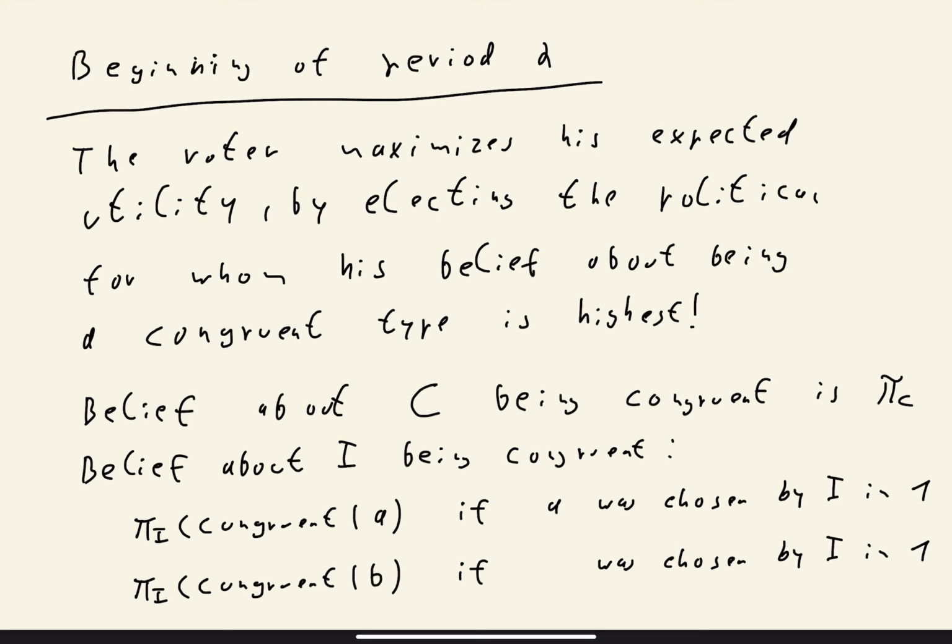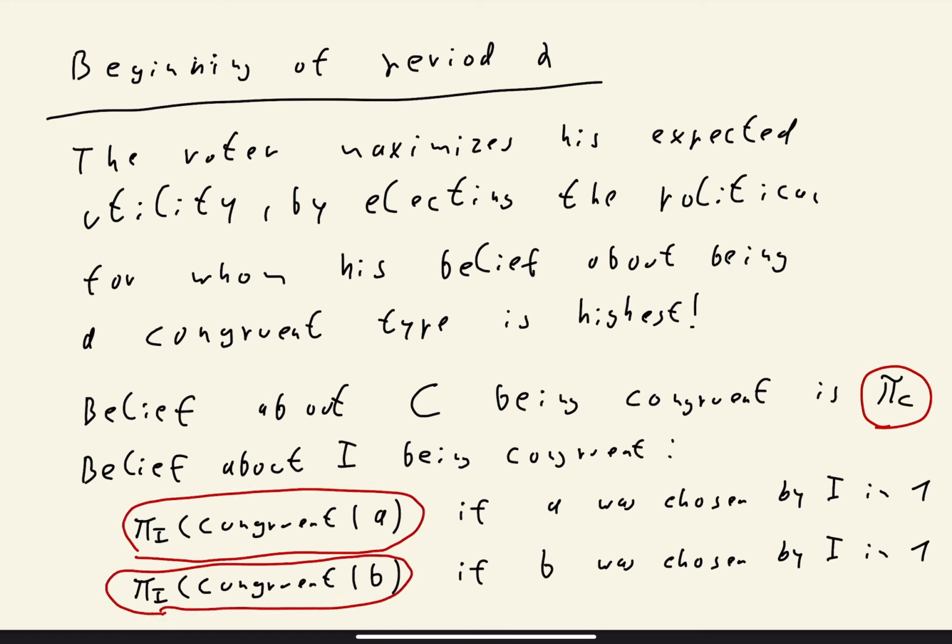And then the belief that he's of a dissonant type is always 1 minus the according probability, depending on the action which was chosen in period 1. So basically this gives us all the beliefs that we need in order to determine the behavior of the voter. We have the belief of the challenger being congruent, which is pi C, and the belief of the incumbent being congruent, which is given by those two expressions.